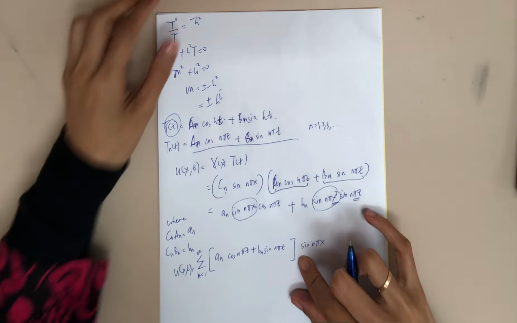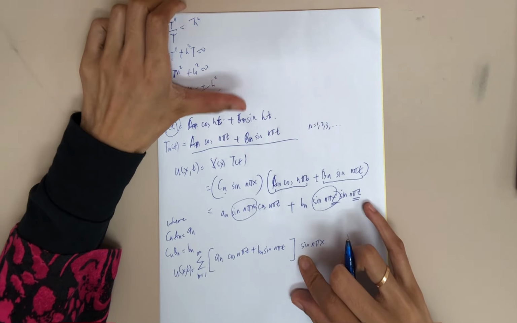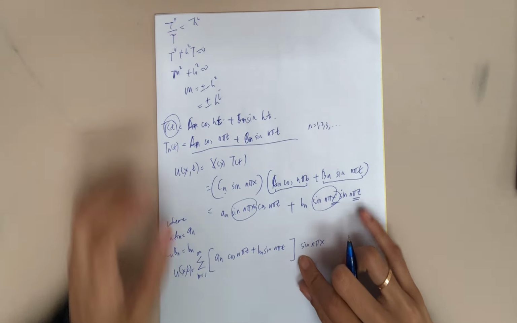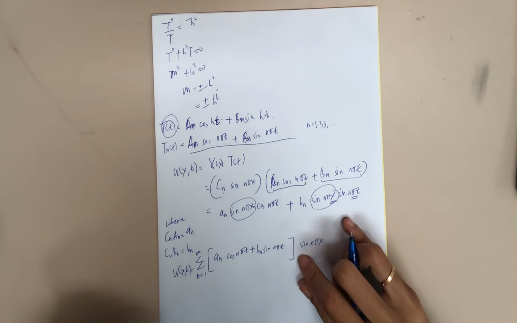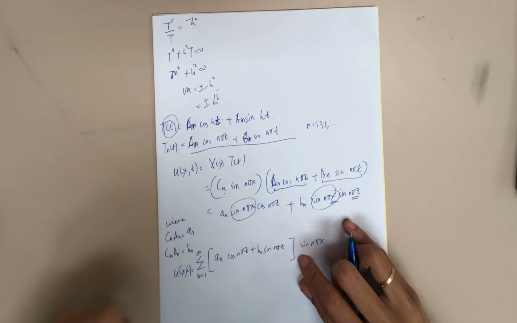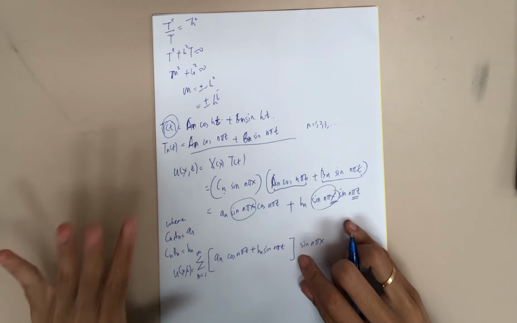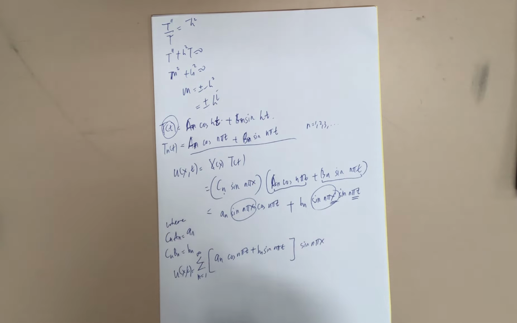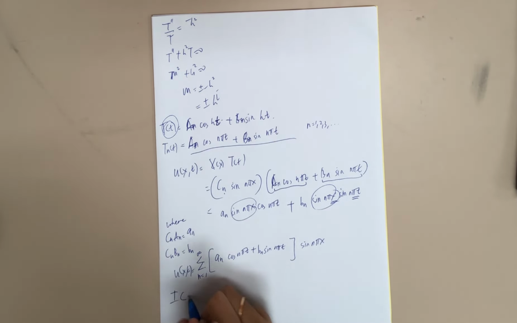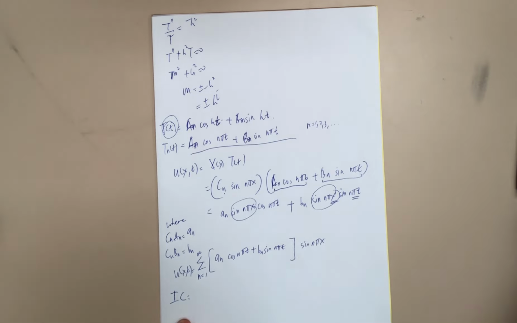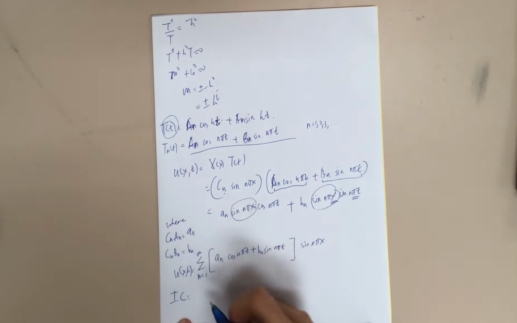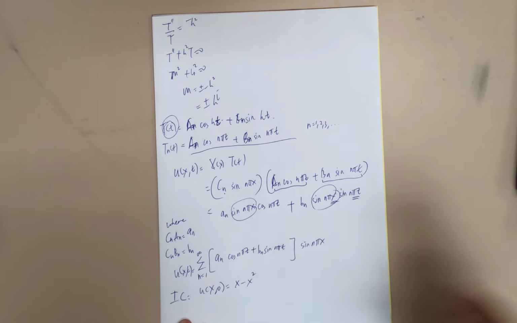So what do we do next? If you compare with the previous example, we just had bn. We just had bn to find, then we substituted the answer into the equation. But now you have an and also bn. Before that, you need to apply the first IC. What's the first IC just now? u at 0 equals x minus x square.